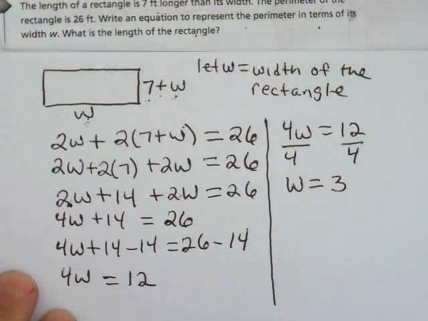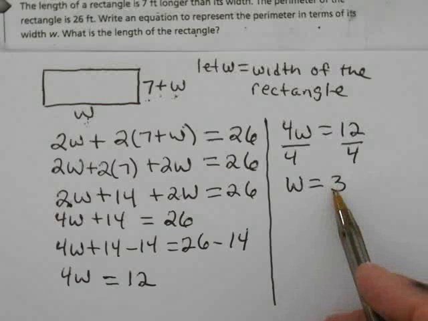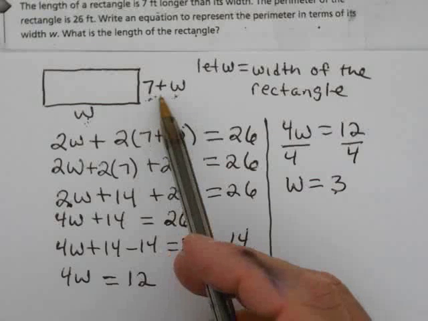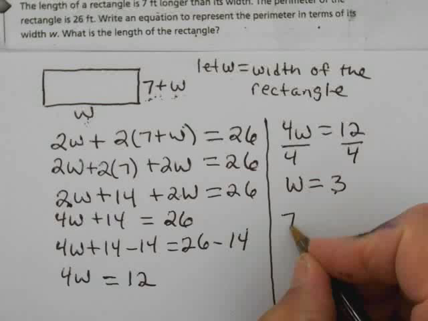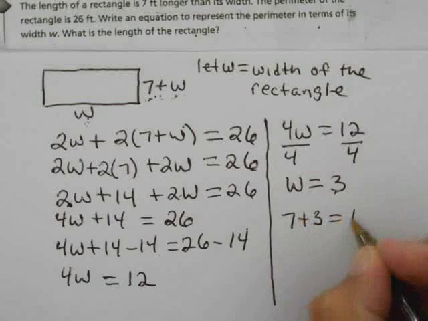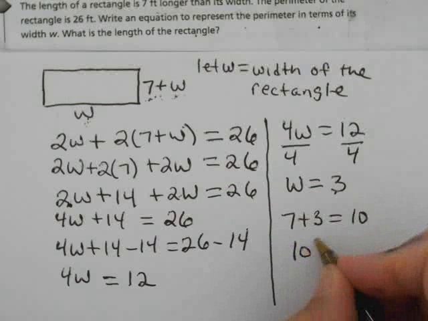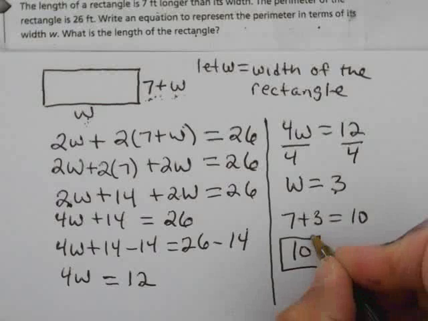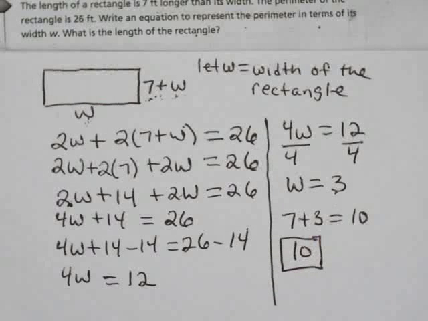I know that feels like a trick question, and it's not really a trick question. It's just you must focus. You must be real clear on what you're being asked to answer. Well, if W is 3 and the length is 7 plus W, then 7 plus 3 equals 10. And our answer is 10. 10 is the length of the side of this rectangle.